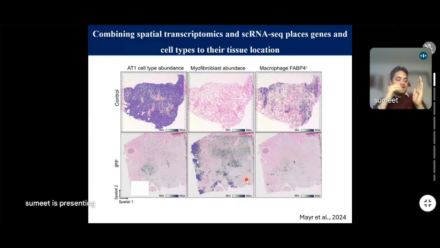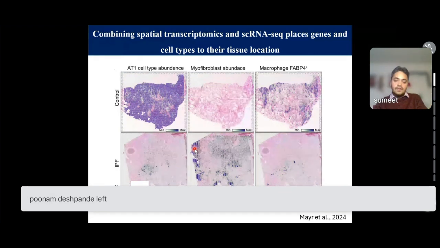And this tells you that the disease is progressing from the periphery. This is the periphery of the tissue, and you can see the maximum blue color at the periphery. Then slowly, as the disease progresses, you have more and more myofibroblasts and more fibrotic tissue, which results in a very severe form of IPF, and eventually these patients die.